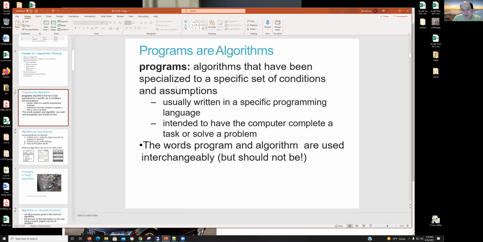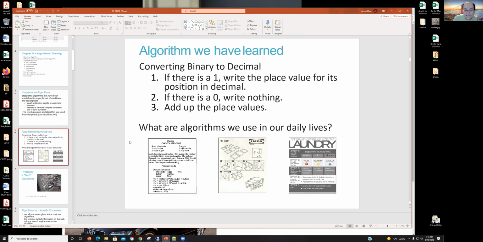So yeah, programs are algorithms. You have some conditions, it's written in a particular language, and you solve a particular task or problem. I don't know how many of you have put together something from IKEA, but you have something like that. Then you have the recipe, like I was saying, here if this is the chocolate cake.